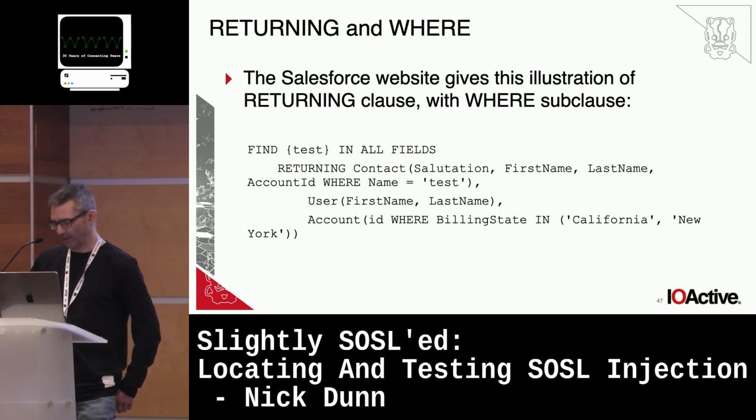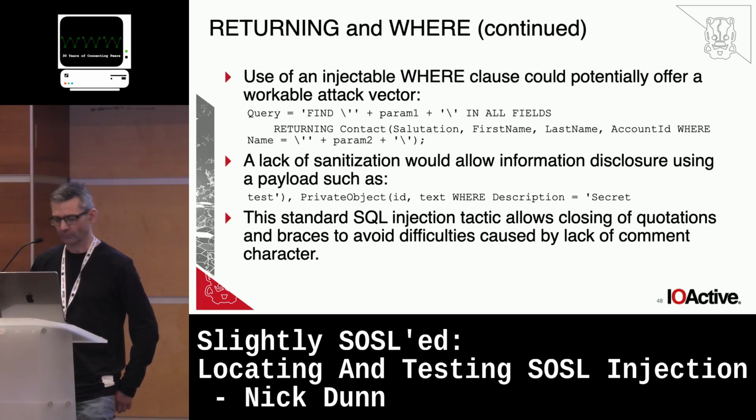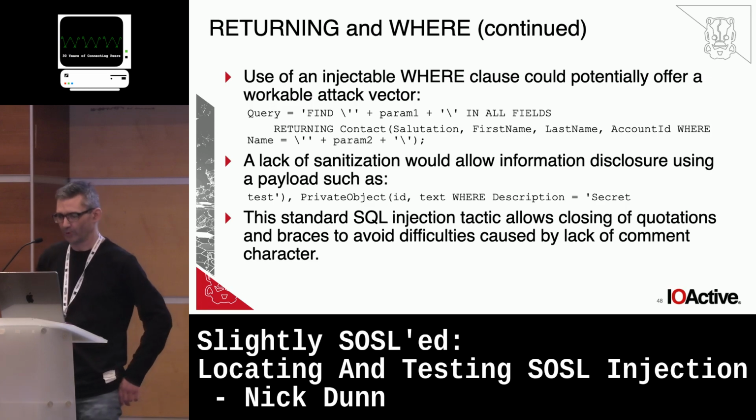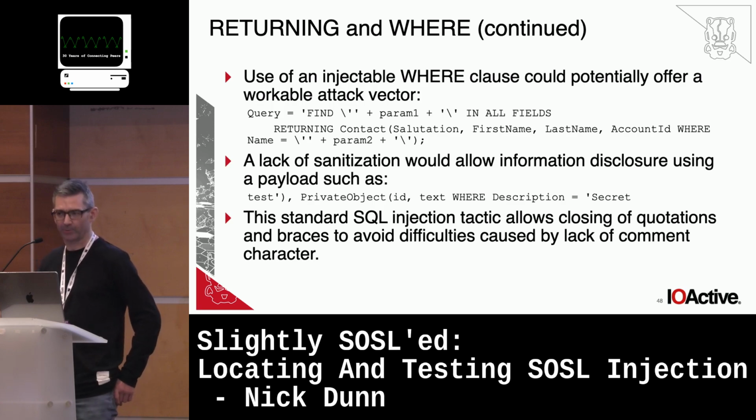I appreciate the language might look a bit weird for anyone who hasn't seen it before. But if that's not sanitized, the example query there could be exploited in the way you might be familiar with SQL injection, where you just match up your own opening and closing single quotes.